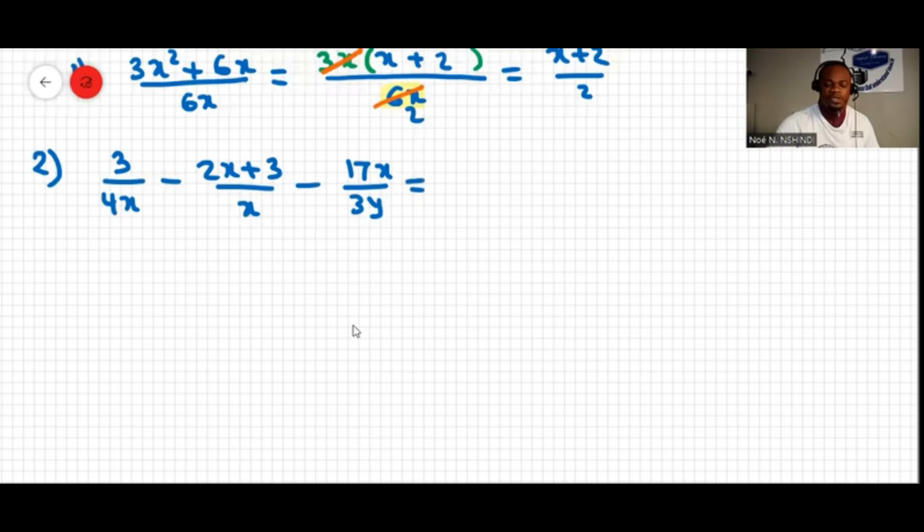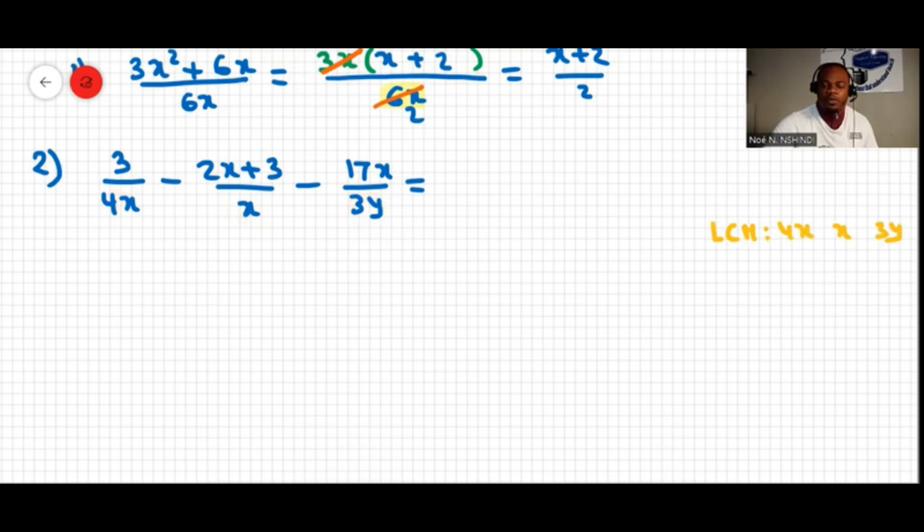Now, to solve this, when we look at the denominators, they're not common. We need to make the denominators common. So to do that, we need to find the lowest common multiple. So we must look for the LCM of 4x, x, and 3y.